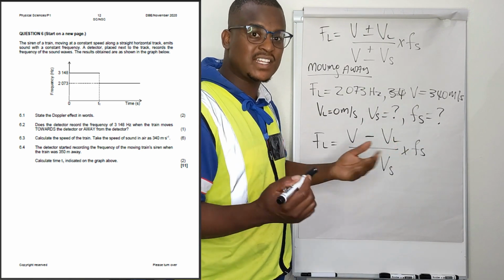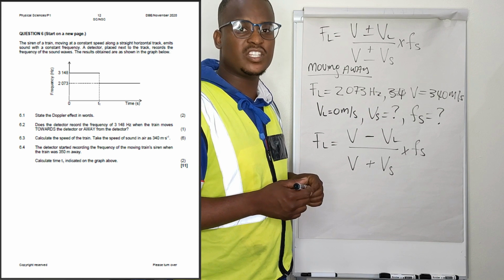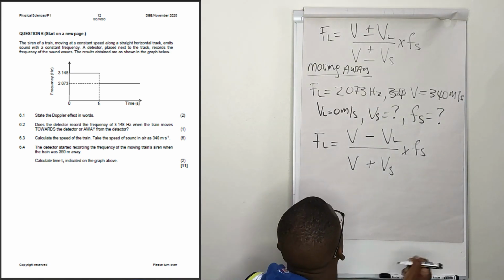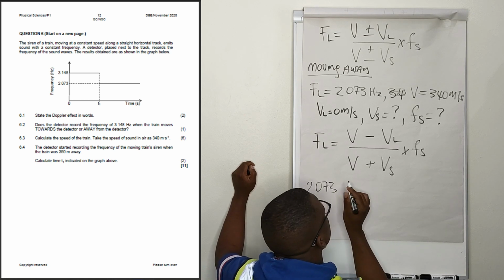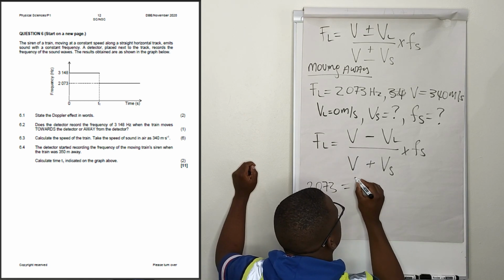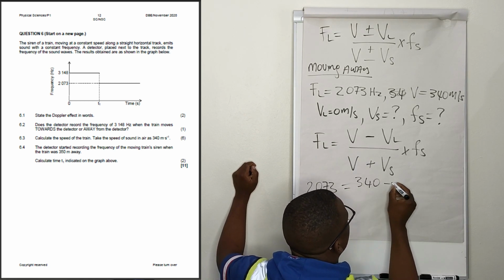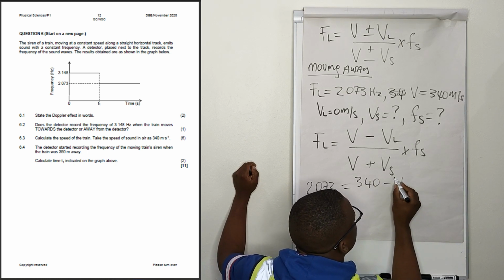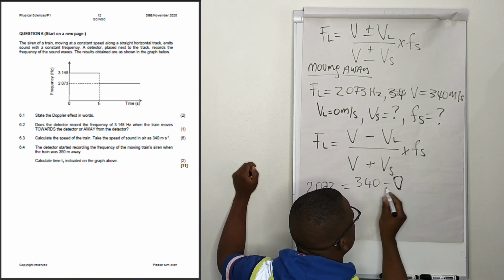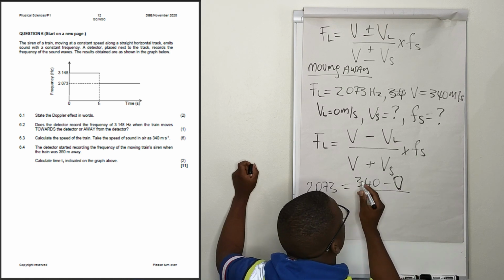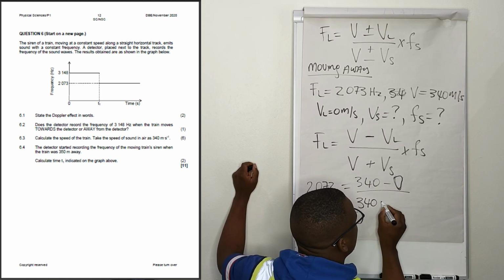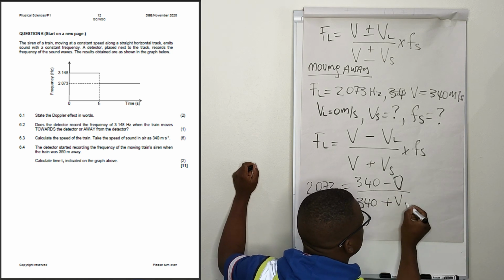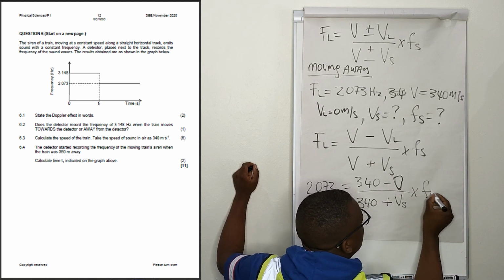So now that we have solved this, we should start substituting our known information. So what do we know? We know the frequency of a listener is 2073 is equal to 340 minus velocity of a listener, which was stationary, our detector, divided by 340 plus velocity of a source times the frequency of a source.